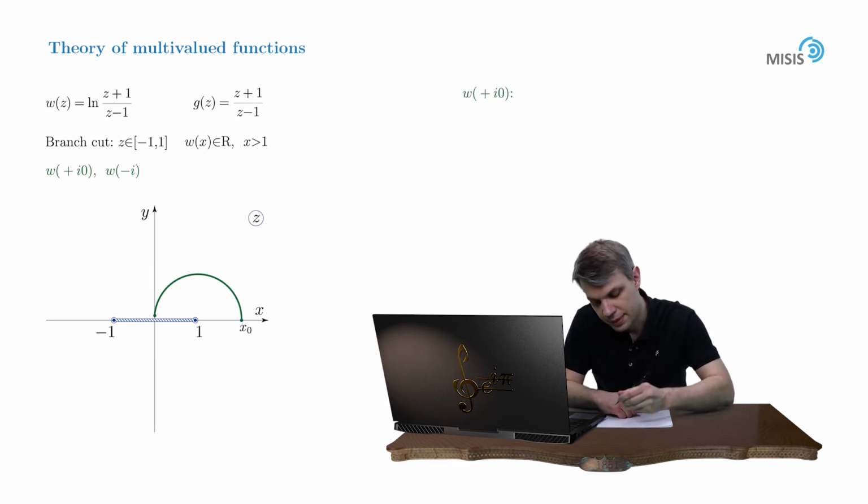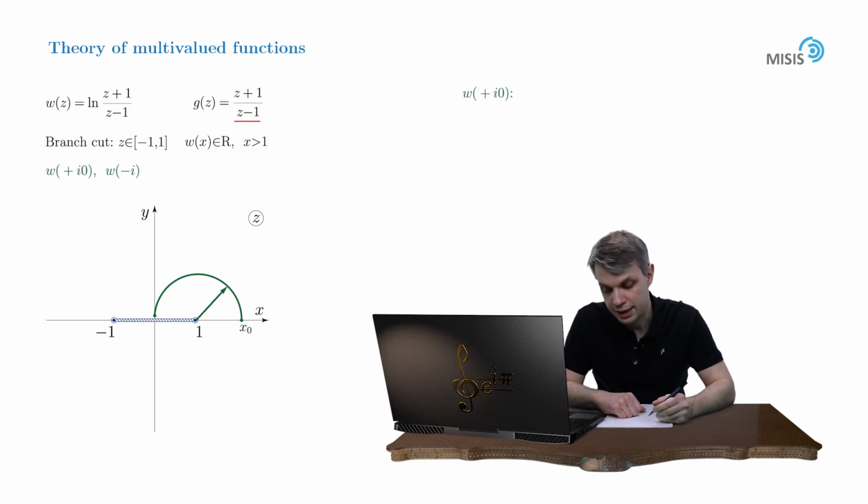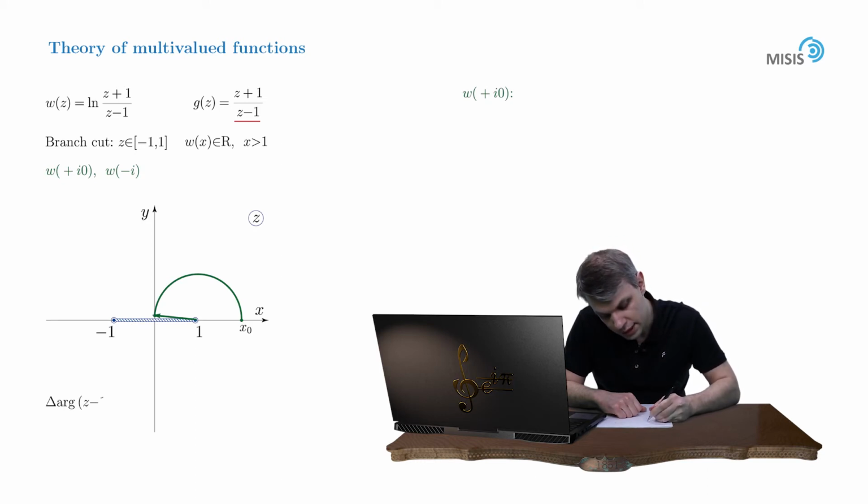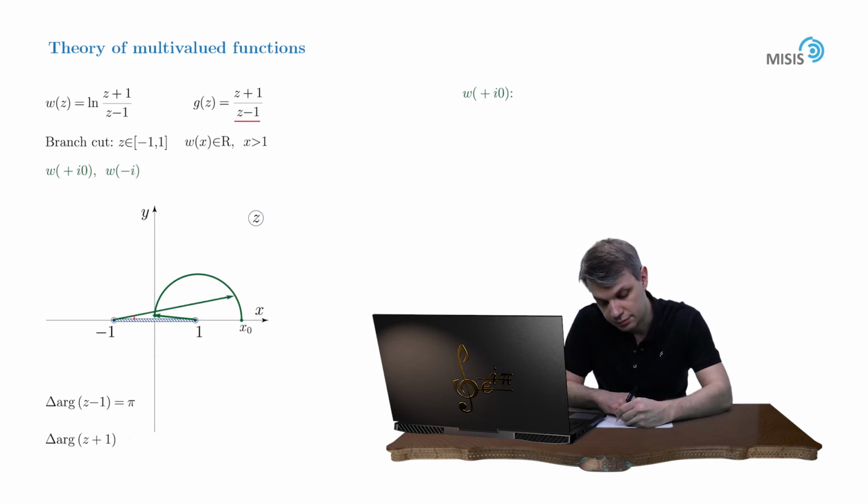So first of all, the number z minus 1, it's the following arrow, and it rotates by angle pi in the counterclockwise direction. So delta argument of z minus 1 is equal to pi. The number z plus 1, on the other hand, doesn't undergo any rotation, it just sways a little bit and then returns to basically its original position.